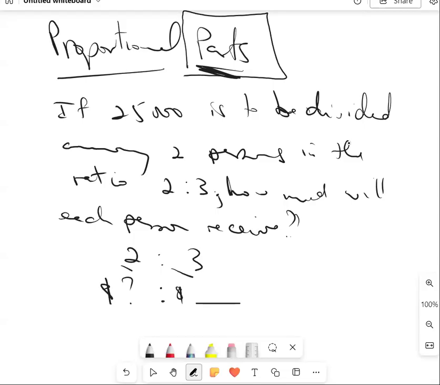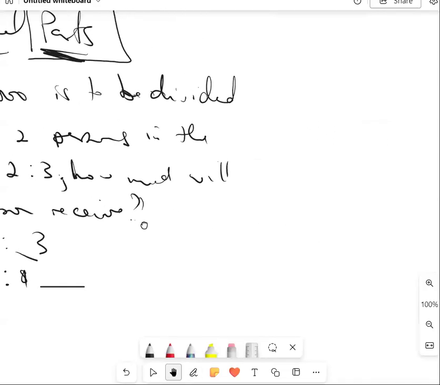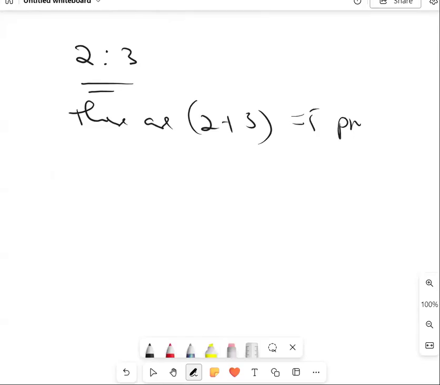So how do we do this? Well, first we'll calculate how much is one proportional part. The ratio in which the money is to be shared is 2 to 3. So what we're seeing here is there are 2 plus 3, which is 5 proportional parts.